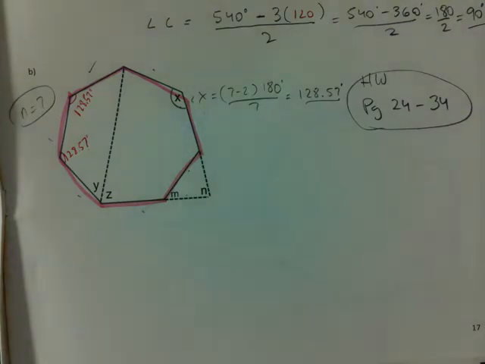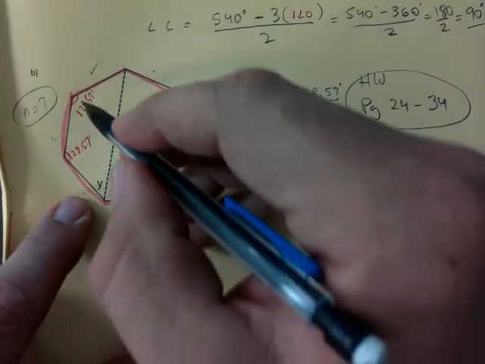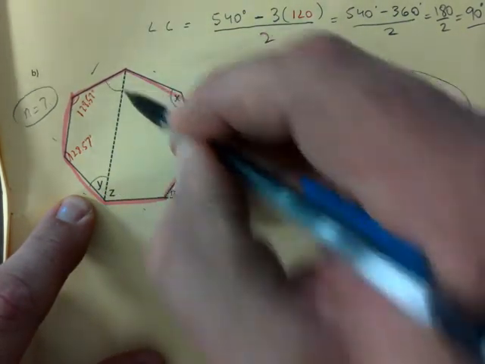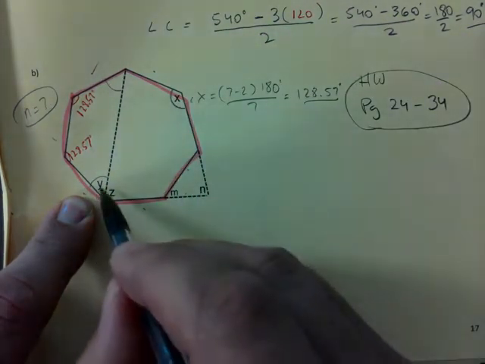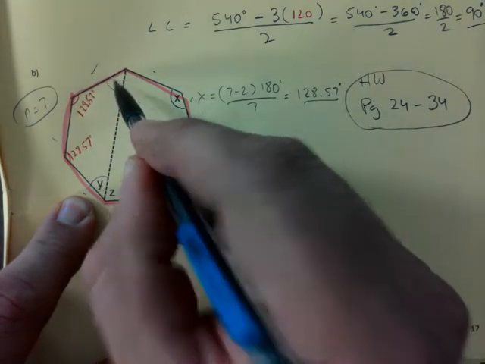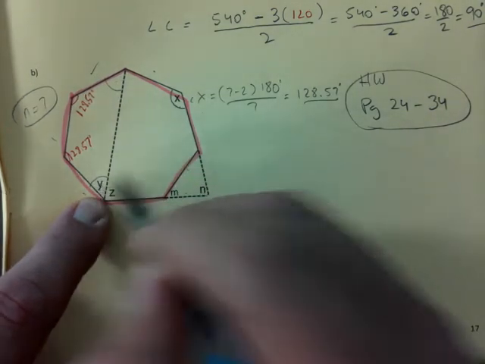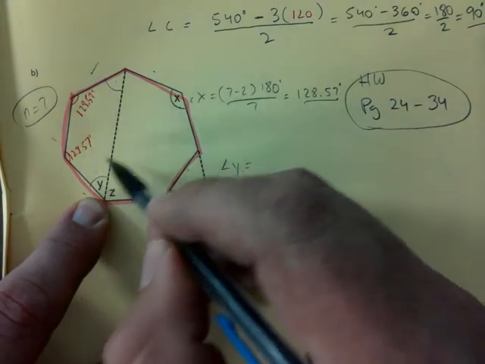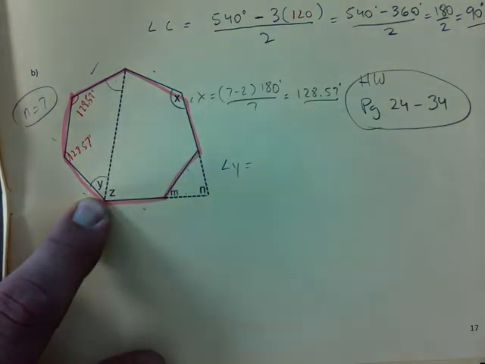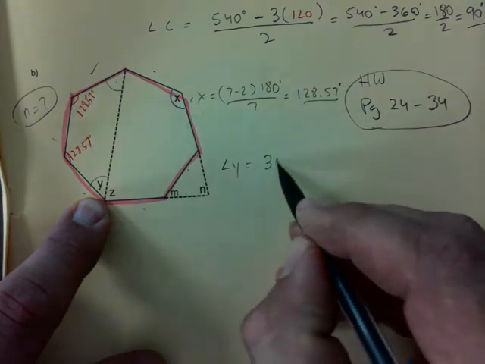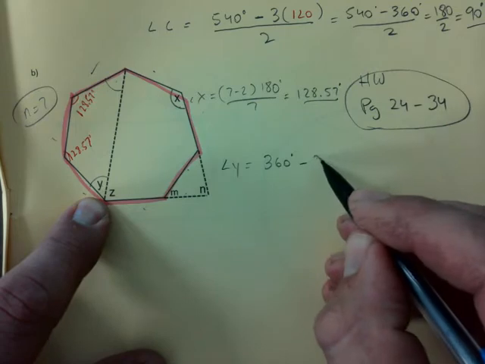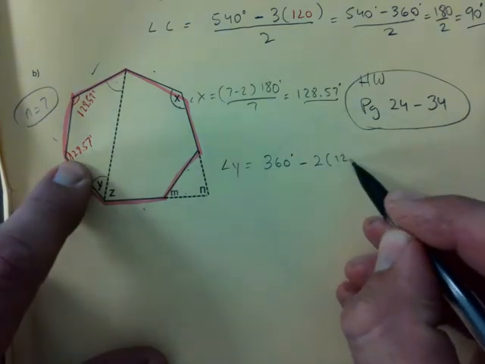That's code for that. Then I will focus in on this one, because this angle and this angle would be the same. If I find y, I'm also finding this, but I'm just going to focus on this one here. Angle y, what is this? An isosceles trapezoid, a four-sided shape. So I know that I need to take 360, because the sum of all angles is 360, minus 2 times the 128.57.